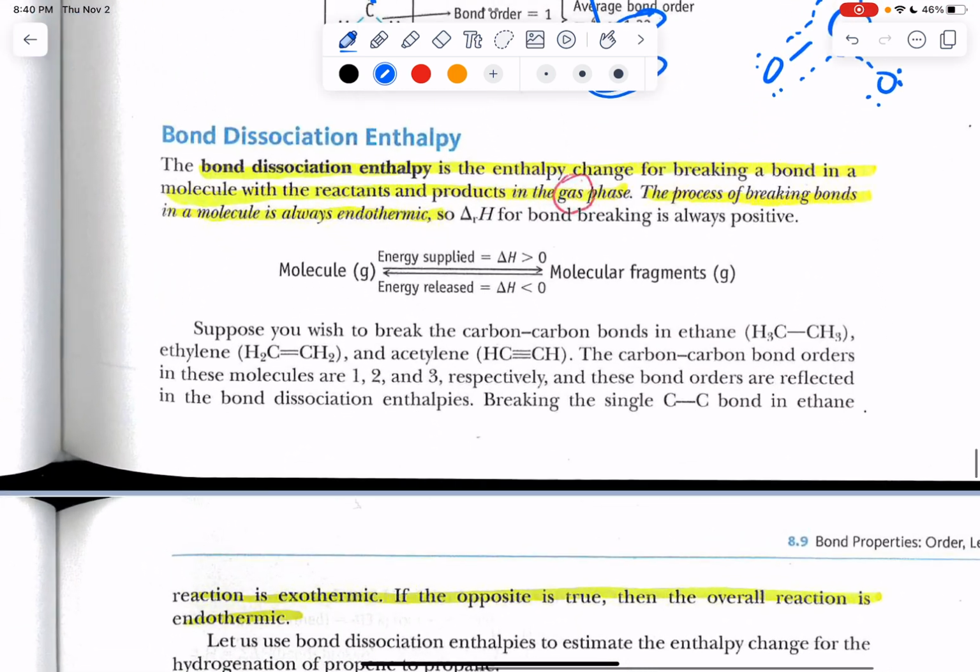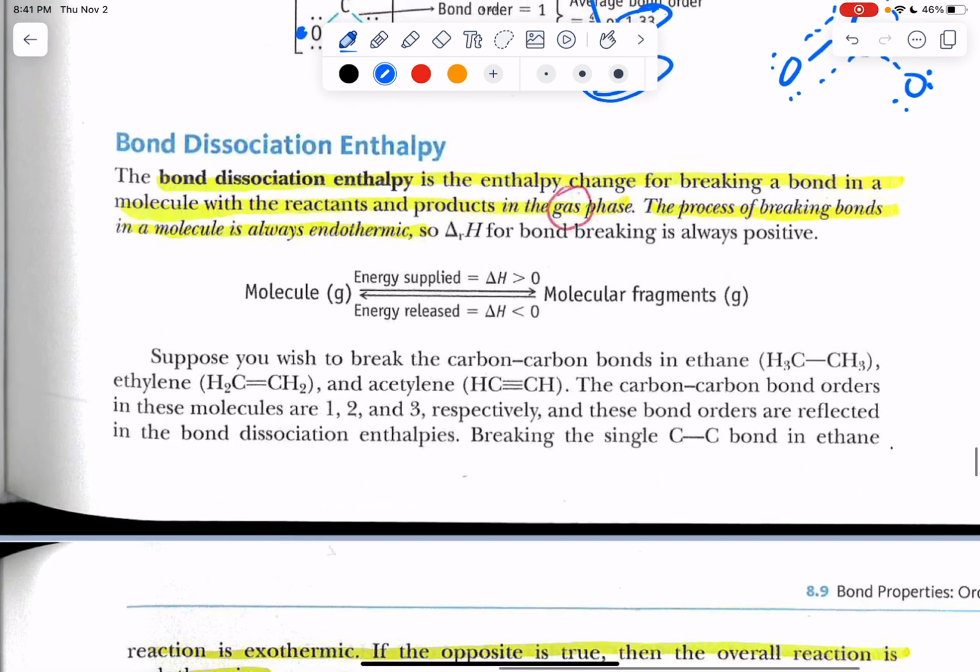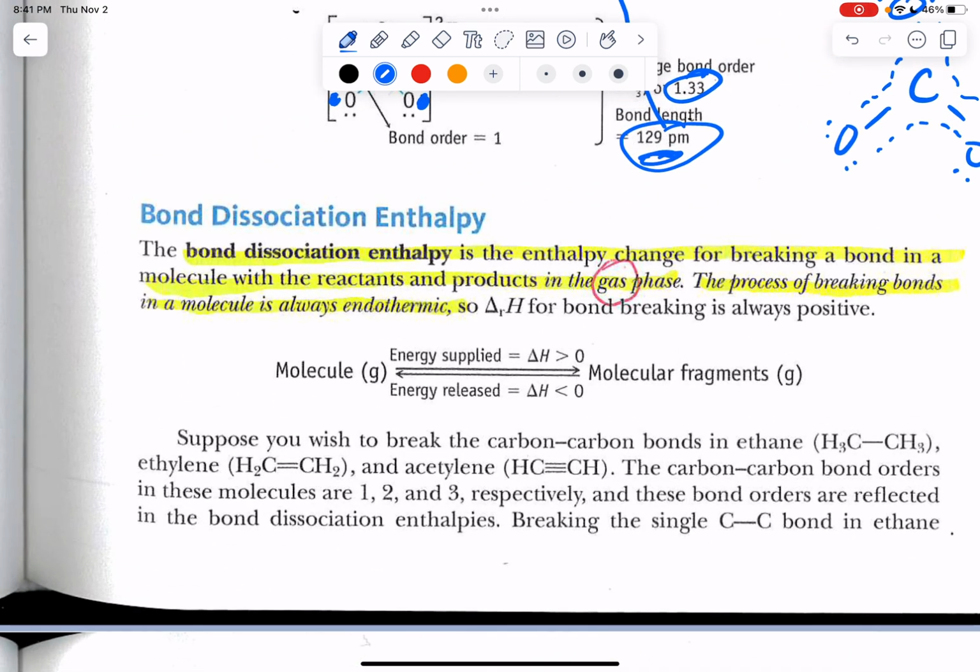Now, the third one has to do with bond dissociation energy. And dissociation is just a fancy word for breaking the bond. And it's an enthalpy change, the amount of heat that's going to be involved in breaking a bond, but it should also be the amount of energy that's going to be released in the formation of a bond, which is just the opposite, bond association enthalpy.